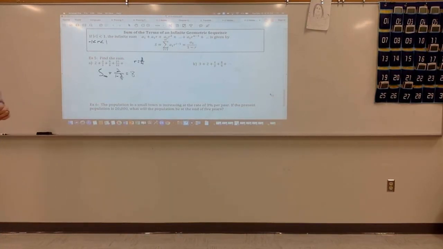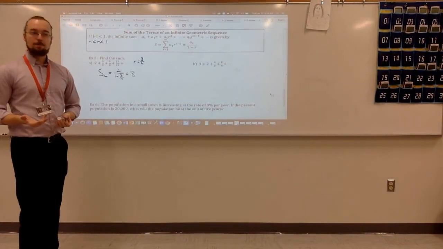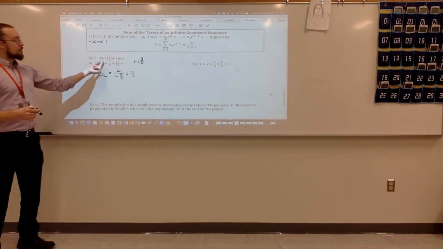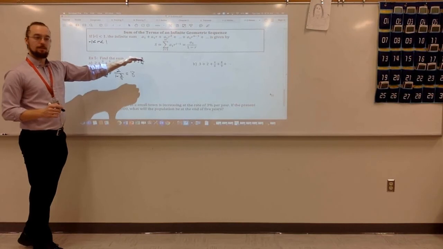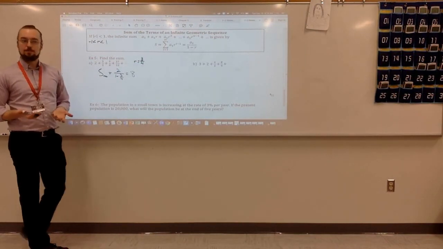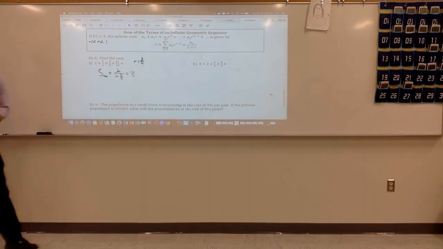Technically, you want to eventually get up there, but it's the idea of an asymptote. If we continue to add these numbers up, we're going to get closer and closer and closer to 8. It's basically an asymptote. It's the easiest way to describe this idea.